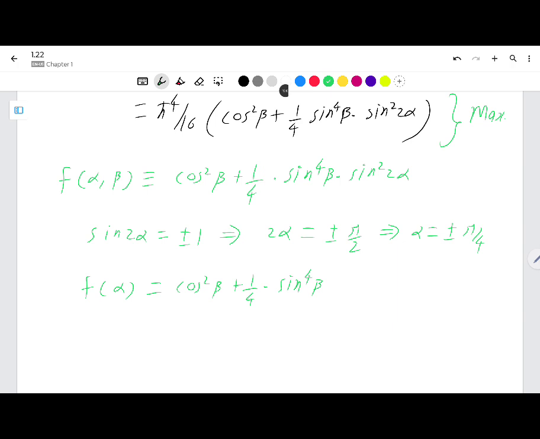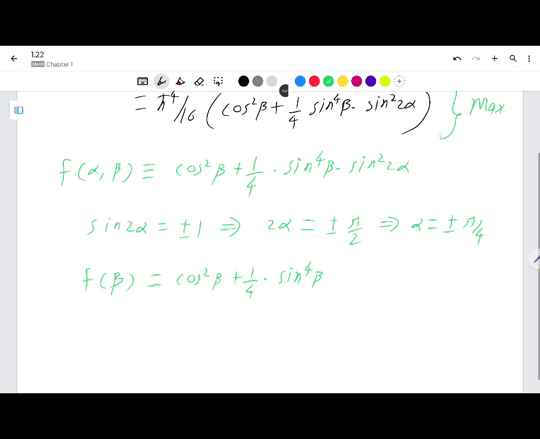Okay. In order to maximize this, well, since sine and cosine are opposite of each other, if I take the maximum part of cos square beta, that would be beta equal to 0, pi, and so on.